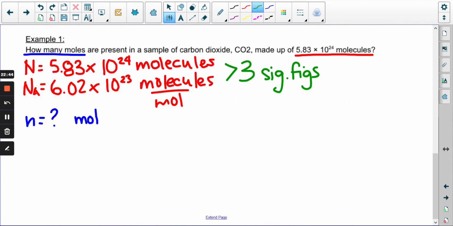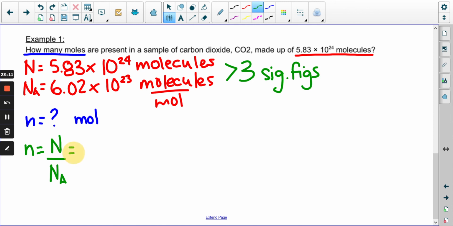So here's me representing the equation that I'm using. I'm going to use the one that involves the number of particles, in this case the number of molecules, over Avogadro's number. Okay, like this. Now, when I'm doing these problems, I like to include the units. It's not totally necessary, but I'm going to do that because it'll be helpful a bit later on.